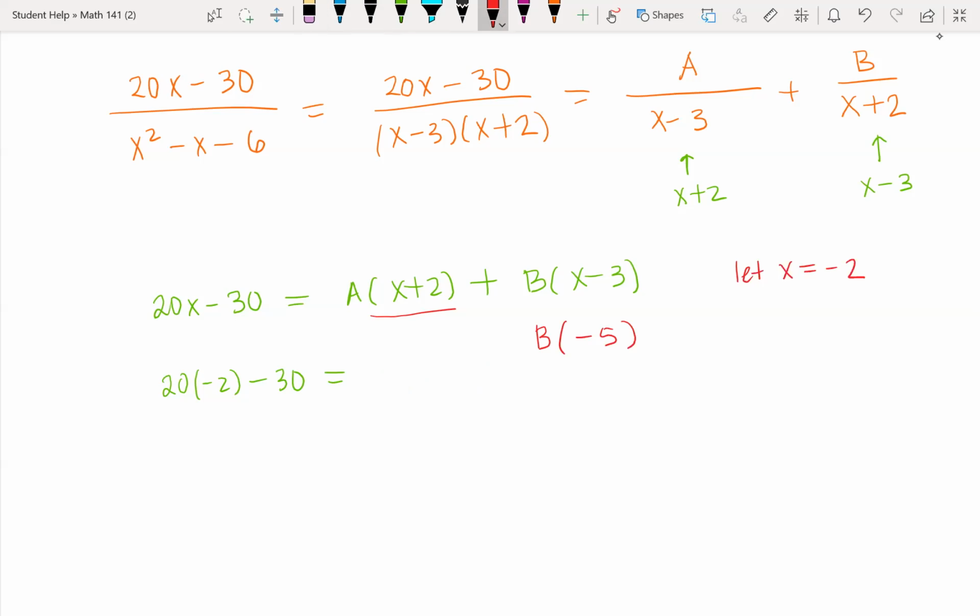So that's going to be negative 5B. On the left-hand side, I've got, let's see, negative 70. And so then if I divide both sides by negative 5, I get B is equal to 14.